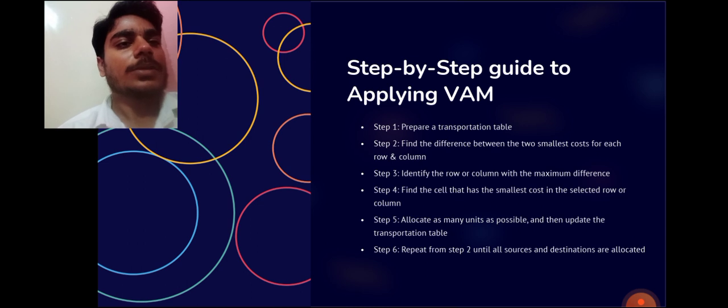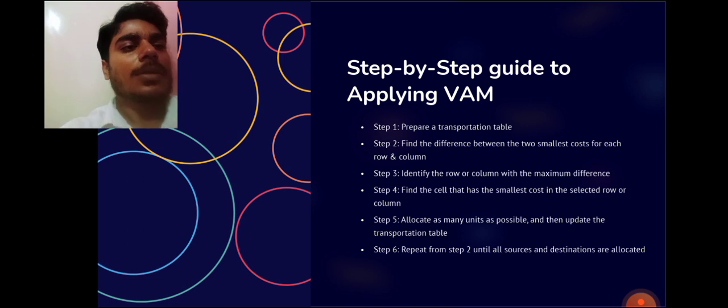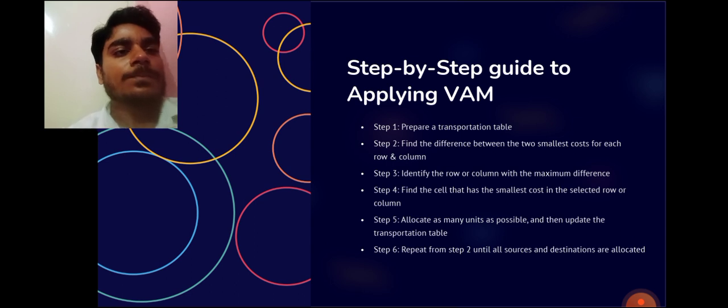The fourth step is finding the cell with the smallest cost in the selected row or column. The fifth step is to allocate as many units as possible and update the transportation table. The last step is to repeat from the second step until all allocations are completed.